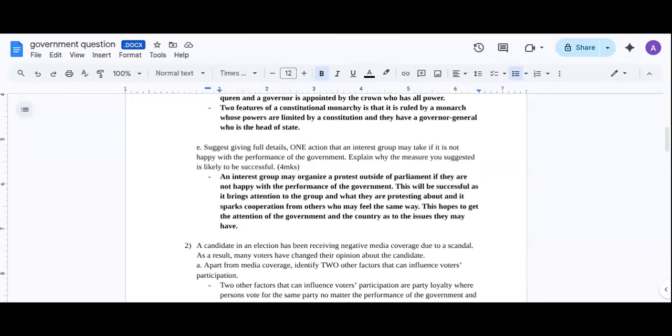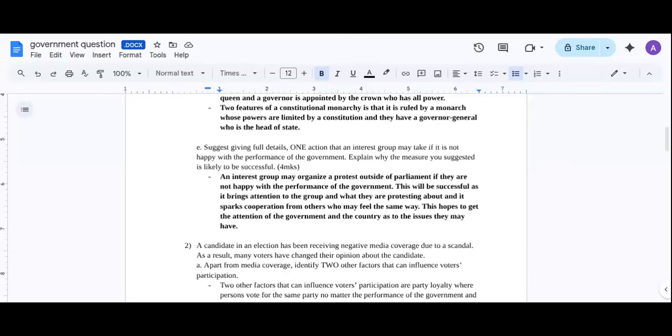This will be successful as it brings attention to the group and what they are protesting about, and it sparks cooperation from others who feel the same way. This hopes to get the attention of the government and the country as to the issues they may have. So that is what an action an interest group may take. And we know that protesting brings out the cameras and everybody on social media will see it. So that is why the measure will be successful.